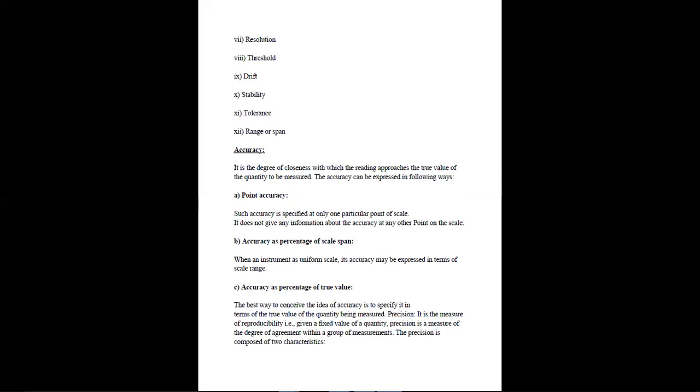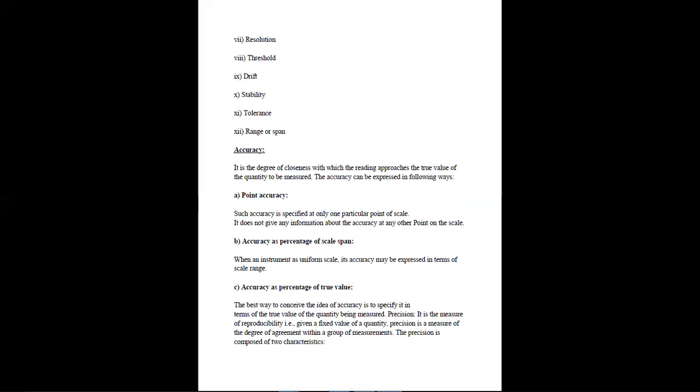That is, the value which is shown by the meter is near to the accurate value or exactly the accurate value. It is called accuracy. This accuracy is again divided into three sub points: point accuracy, accuracy as a percentage of scale span, and accuracy as a percentage of true value.